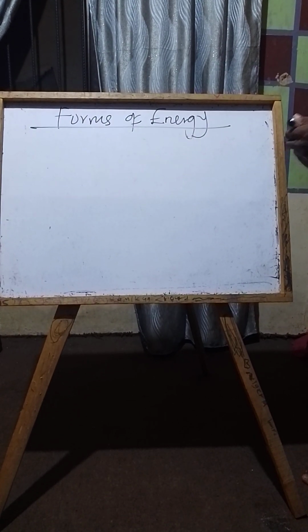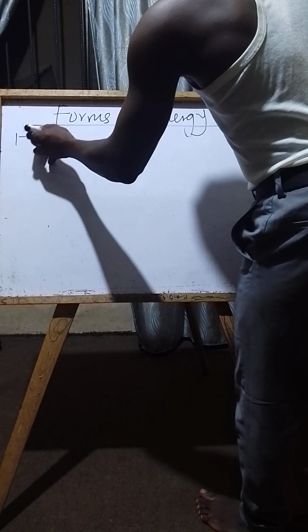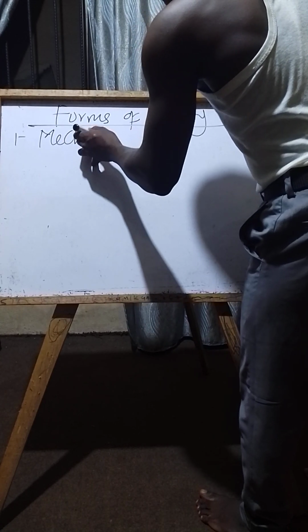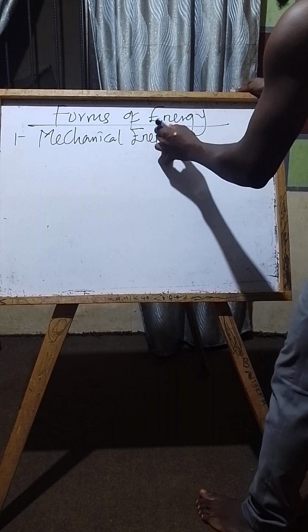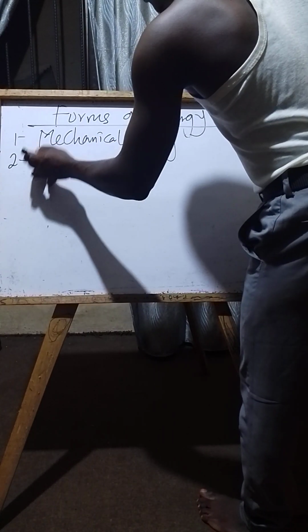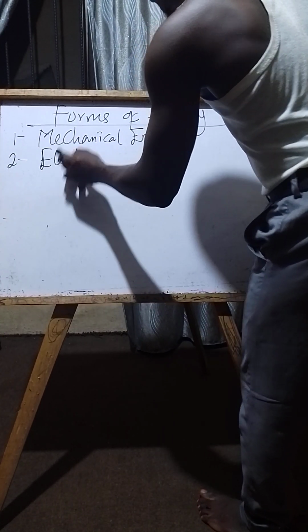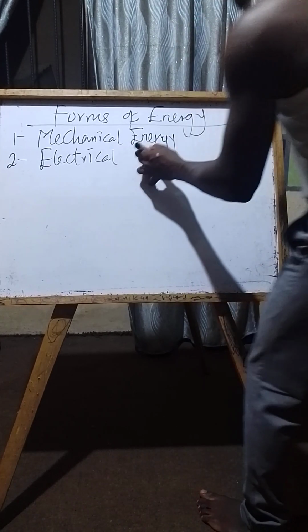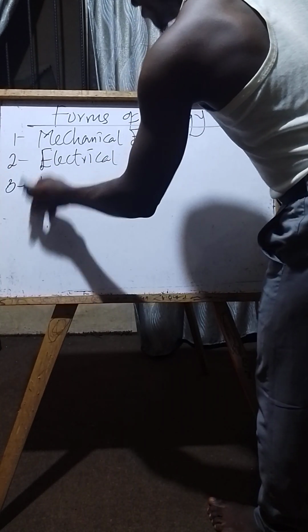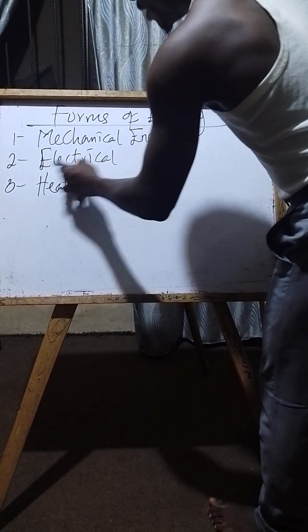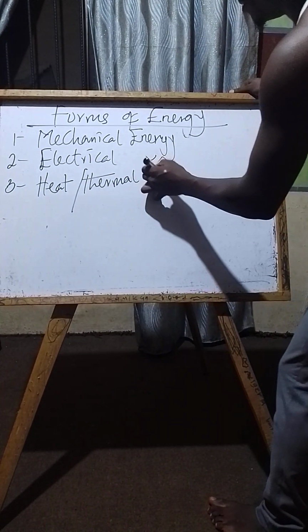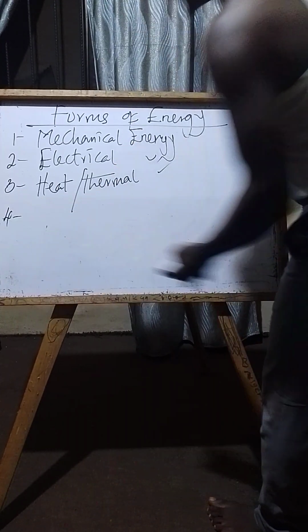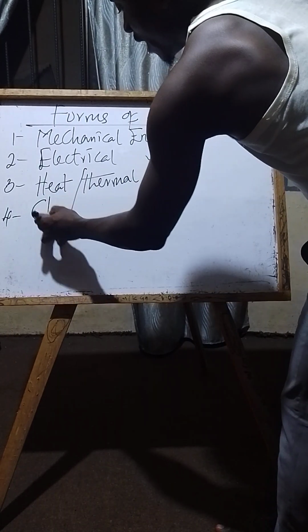We said here we have mechanical energy. We have electrical energy. Number 3, we have heat energy. Heat is also known as thermal energy. Number 4, we have chemical energy, right?